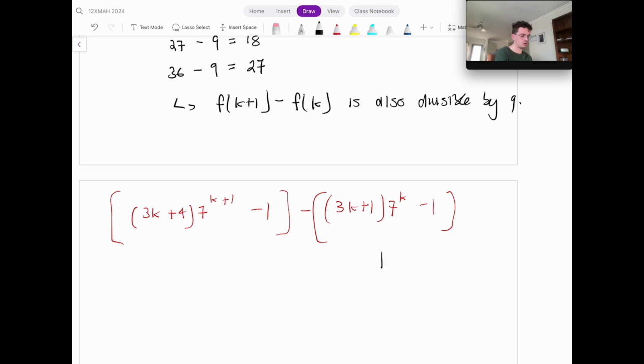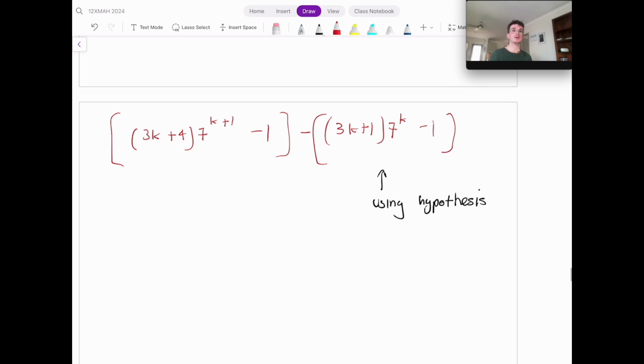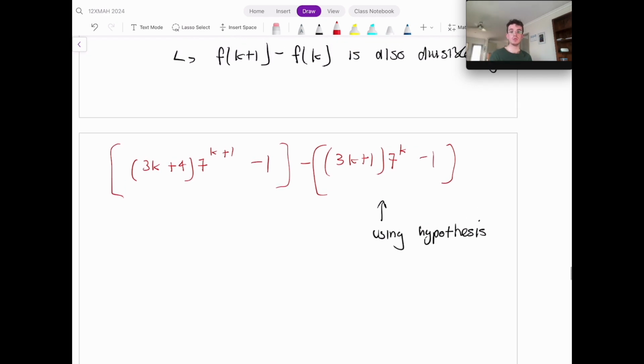And that's using our hypothesis. So again, if you have a multiple of 9 and you take away 9, you're going to get another multiple of 9. That's what we've written here. The next multiple of 9 minus the one before it, or minus 9, is still going to be a multiple of 9.